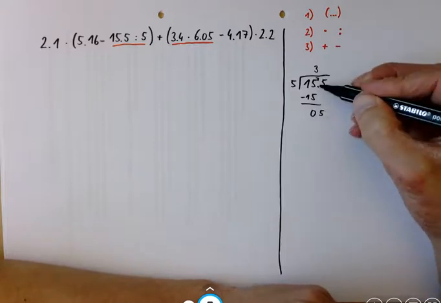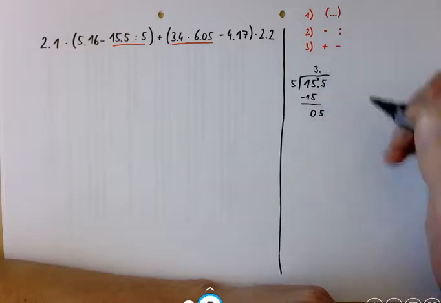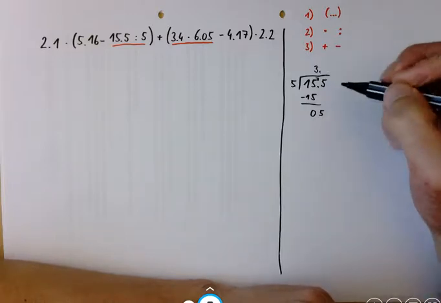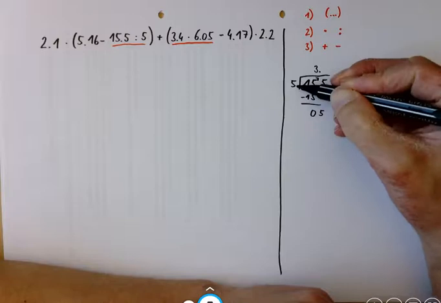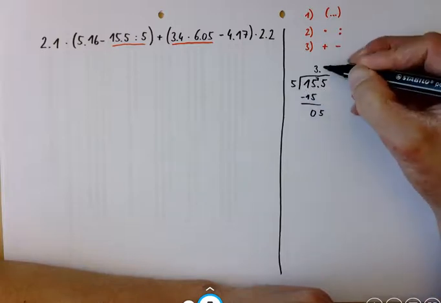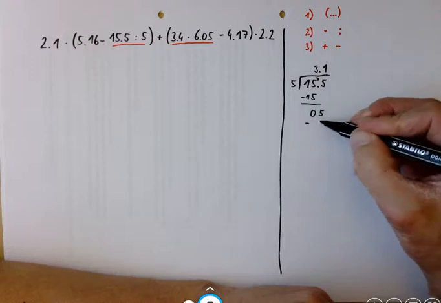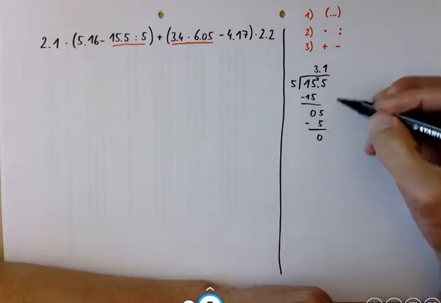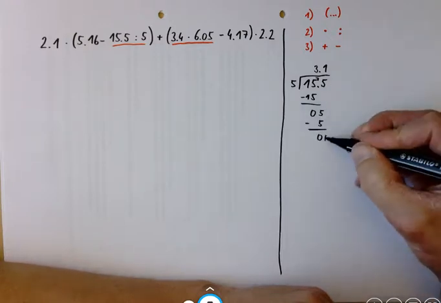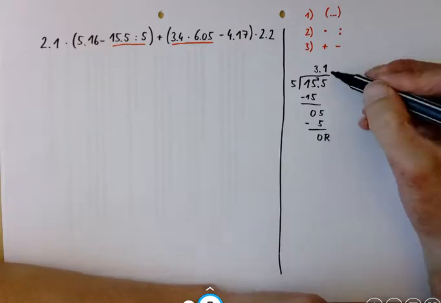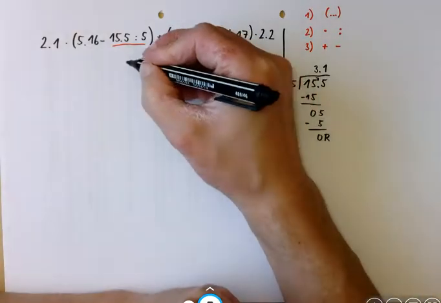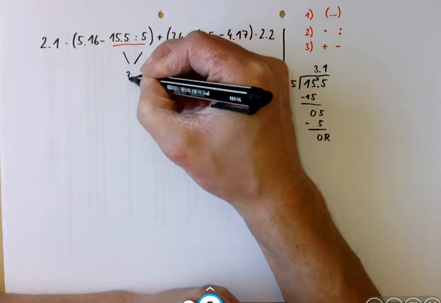There was a decimal point here, so we have a decimal point here. Then we have 5 and 5, that's 1 time, and we got minus 5 and 0. There's no more digit here, so 0 is the remainder, and 3.1 is the result.